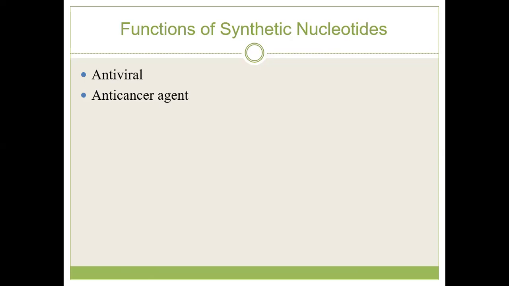There are also quite a number of antiviral drugs like remdesivir for the treatment of COVID-19 and Ebola, which is a synthetic analog of adenosine. It also inhibits DNA polymerase, like acyclovir, which is a guanosine analog. It also inhibits DNA polymerase, and is used for the treatment of herpes simplex virus.